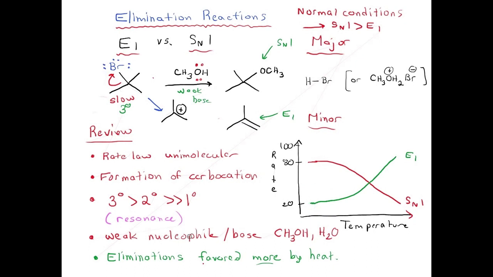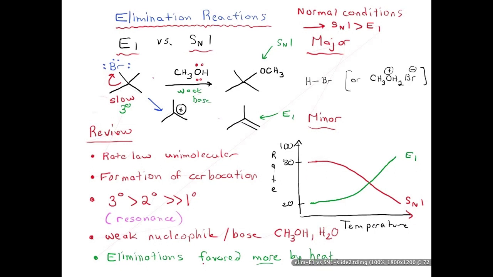So heat is something which we can use to favor elimination. All things being equal, at low temperature substitution is going to be the major product, but as you increase the temperature, you are going to get more elimination product. So this is one variable which can get changed.